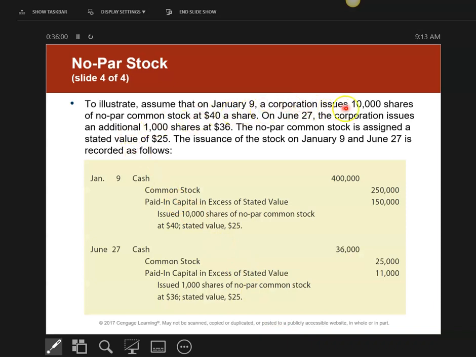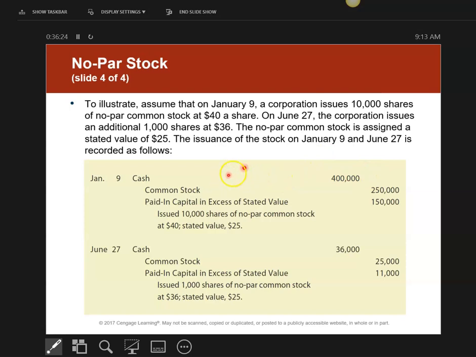On January 9th, a corporation issues 10,000 shares of a no par common stock at $40 a share. That's what I sell it at, so that's the money I get. I have a stated value of $25. It's kind of like the par value. So what happens is I got $40 times 10,000, so I got $400,000 cash.